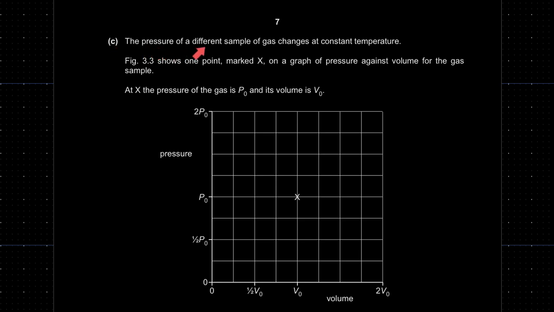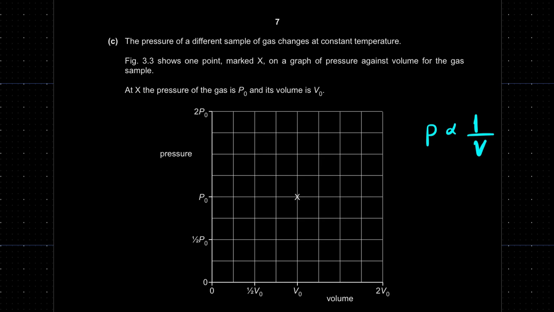Part C, the pressure of a different sample of gas changes at constant temperature. 3.3 shows one point marked X on a graph of pressure against volume for the gas sample. At X, the pressure of the gas is P naught, volume is V naught. So we know that at constant temperature, pressure and volume are inversely proportional.